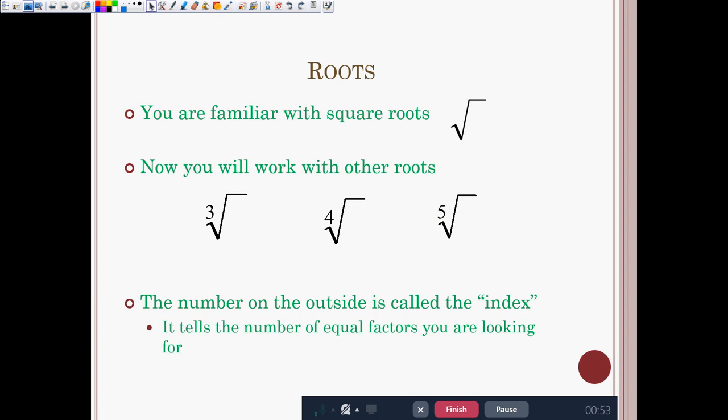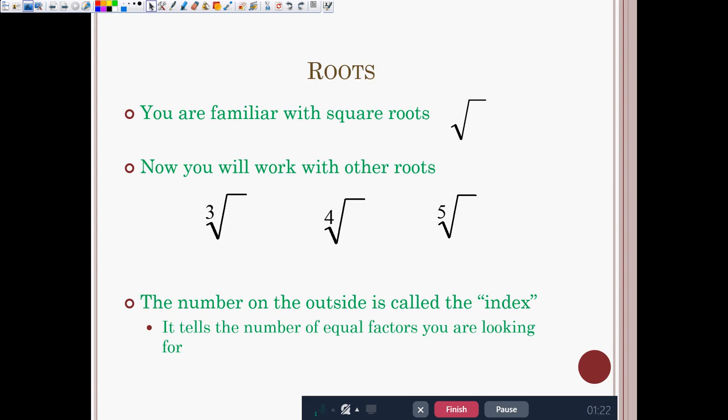The number on the outside of the radical, this is our radical, is called the index. It tells you the number of equal factors you are looking for. So for cubed root, I'm looking for 3 equal factors. So for example, the cubed root of 8 is 2 because 2 times 2 times 2 is 8.